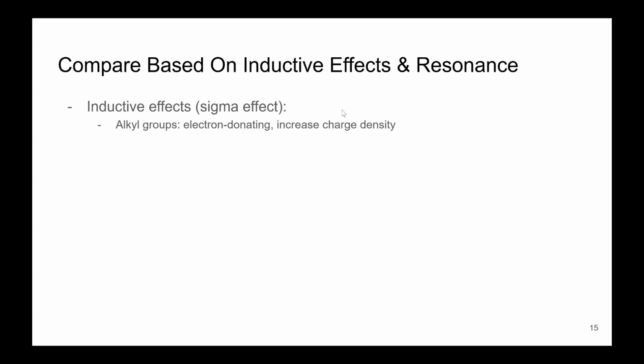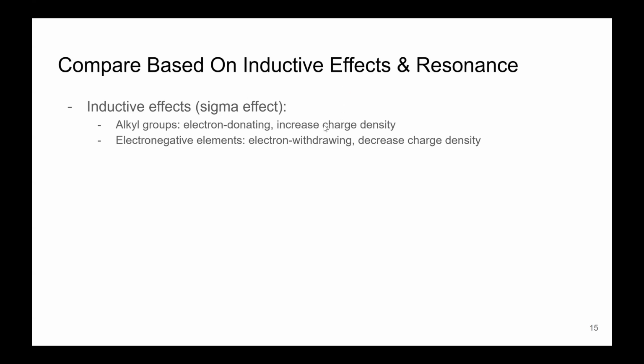Now I'm going to elaborate more on inductive effects and resonance. The inductive effect is what we call the sigma effect. Alkyl groups are electron donating because of hyperconjugation, and it increases the charge density by donating electron density towards other parts of the molecule. I'm not going to go into the technicalities of that, but you can read up on it if you're interested.